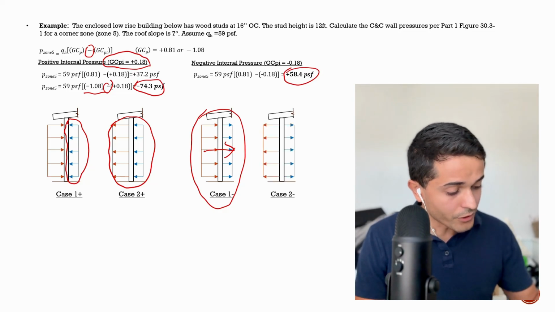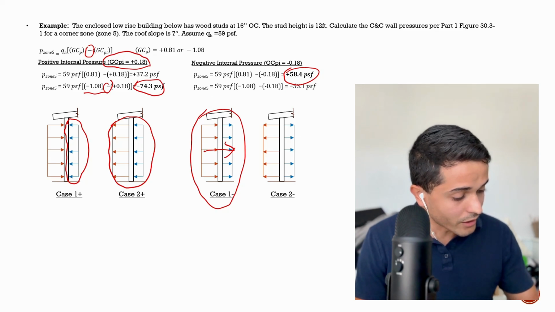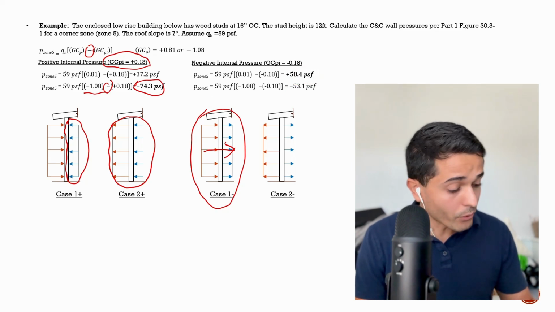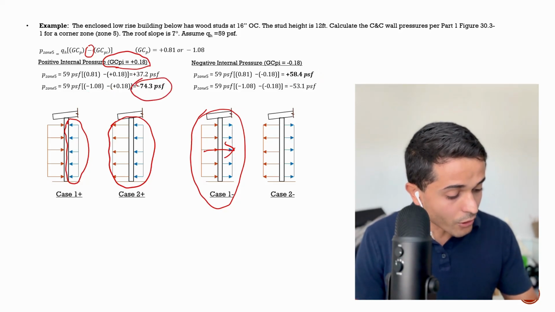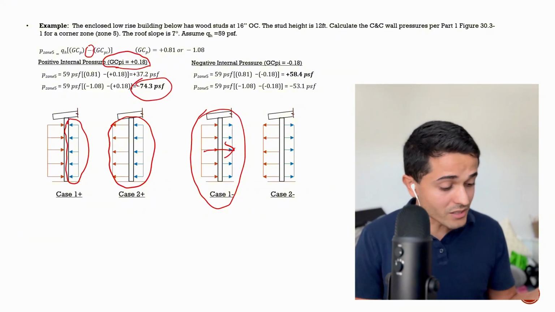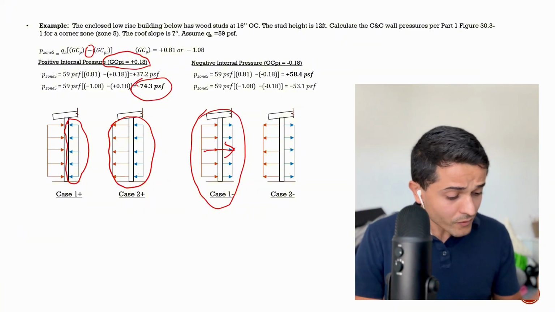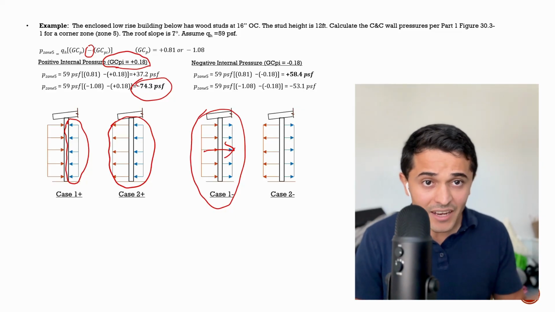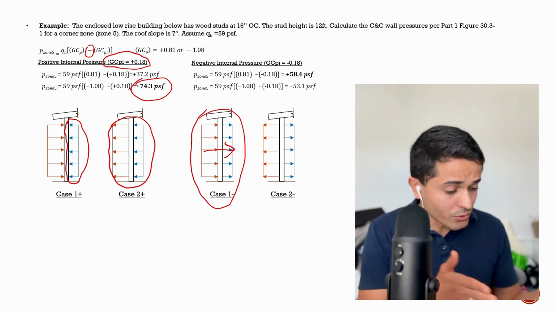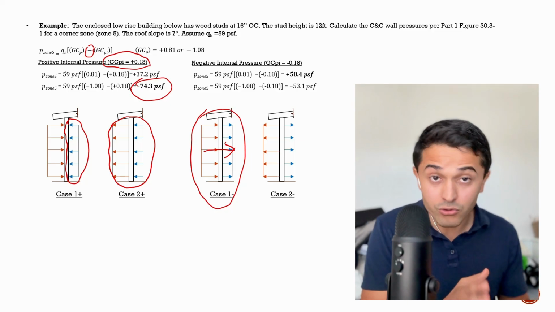And then the other one, it's not going to control, and we're going to see that we got 53.1 PSF. So at the end of the day, we see that our controlling pressure out of all these cases is 74.3. Usually, people just do the two cases that they know the pressures are adding up, but technically we're supposed to do all 4 just so you see which one will always control.